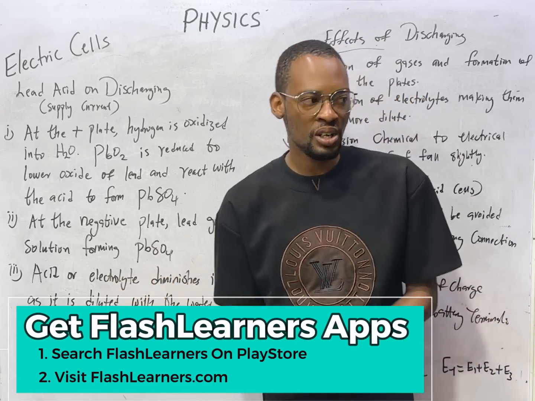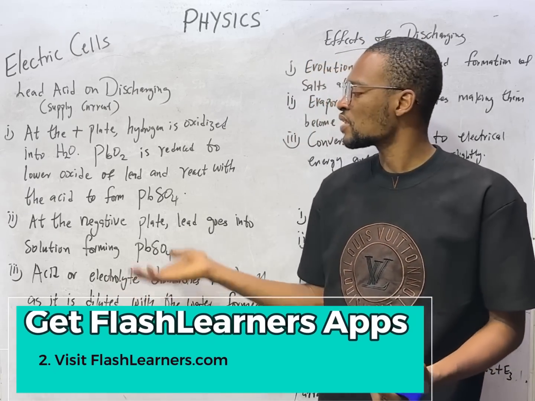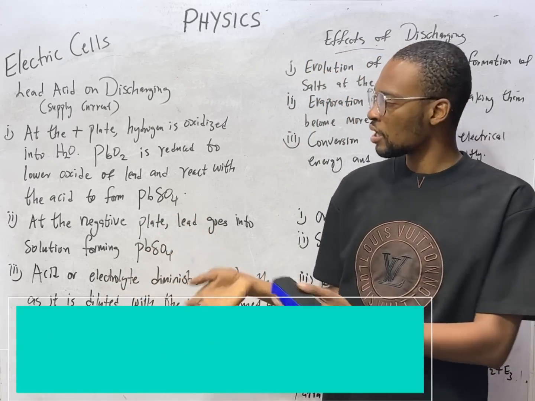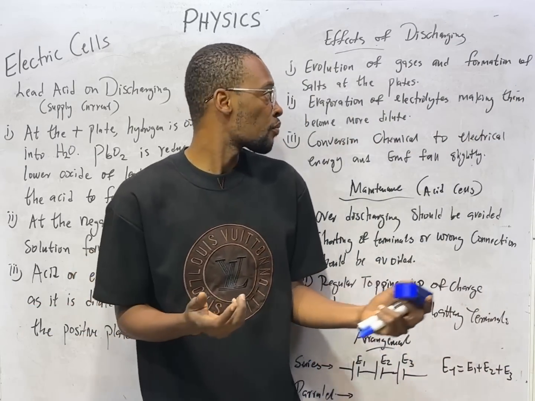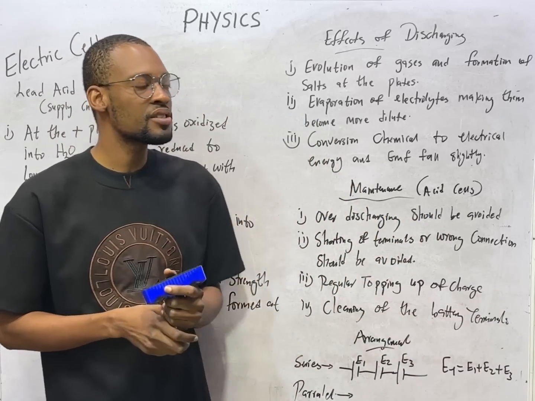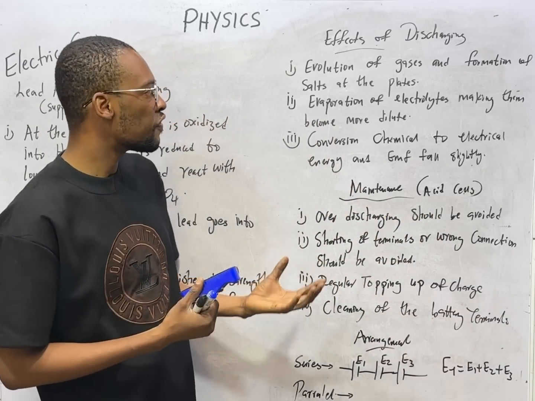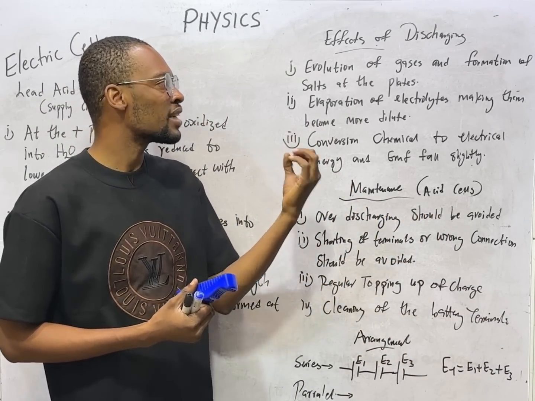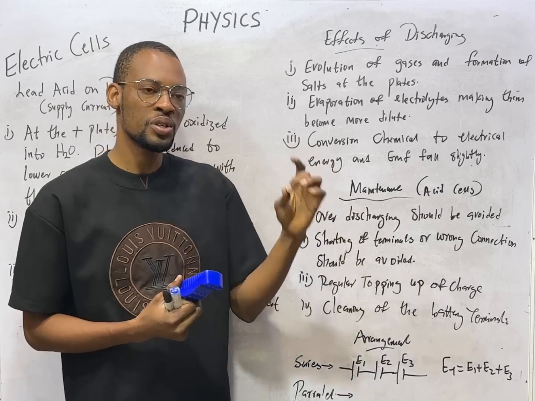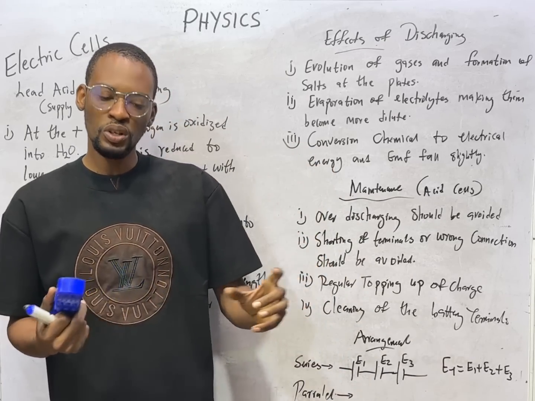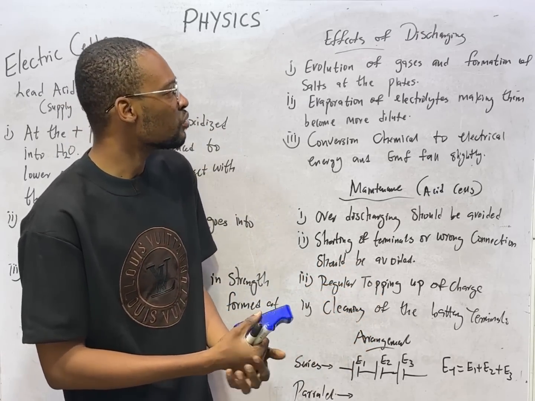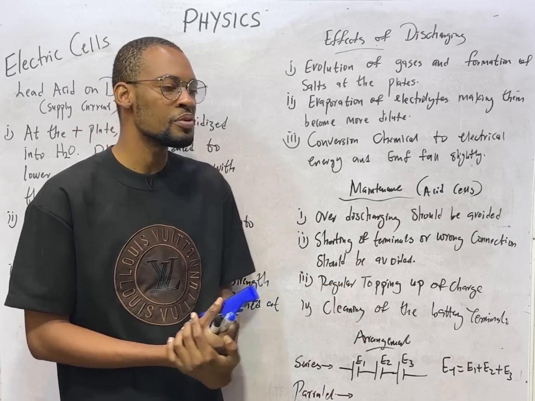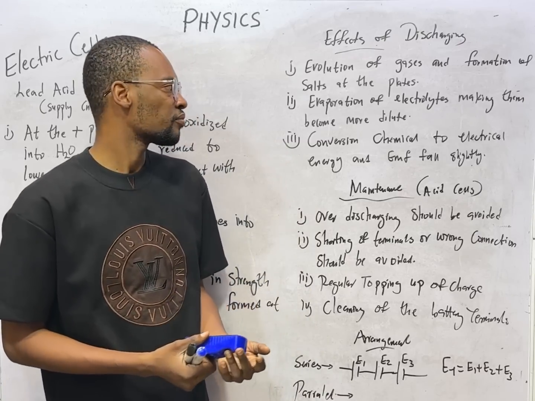The reason I wrote this out is, in case you feel it's important to you, you can copy and look at them. They are basically by the wayside. And these are the effects of discharging. The first is evolution of gases and formation of salt at the plate. When discharging is taking place, there is a chance of the gas to evolve and salt to be formed at the plate.